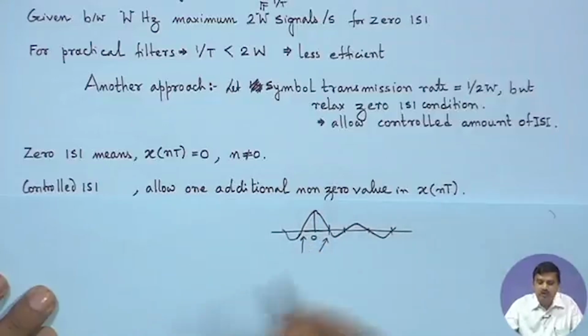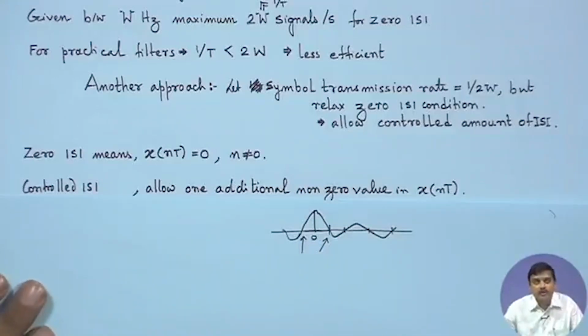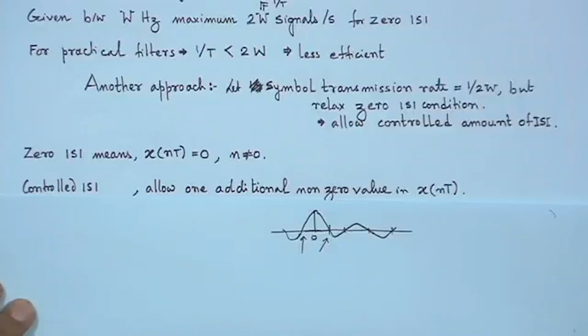Only one is what we are trying to introduce. Why, and what would we get? We are going to get a symbol duration which is 2T, that means longer, and hence we are restricting ourselves to a bandwidth which is much smaller than the Nyquist bandwidth, and the remaining bandwidth that we have could be allowed for the roll off.